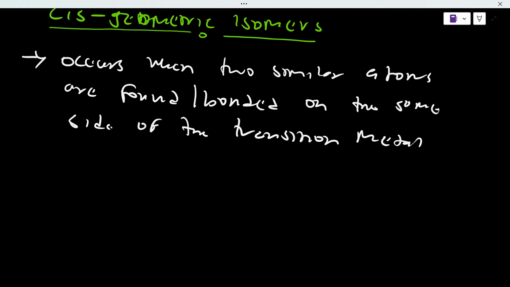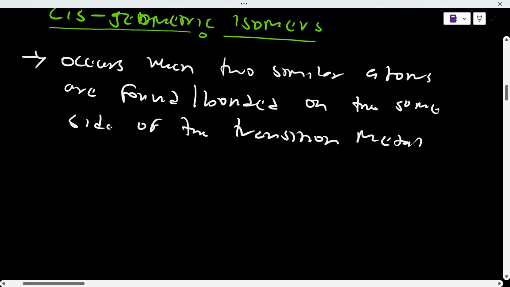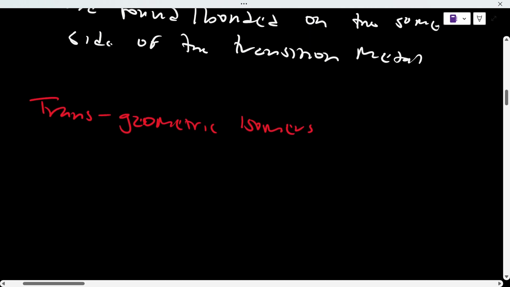The next one that I want to explain is the exhibition of a trans geometric isomer by transitional metal complexes. Trans. I'm still going to use the same molecule.